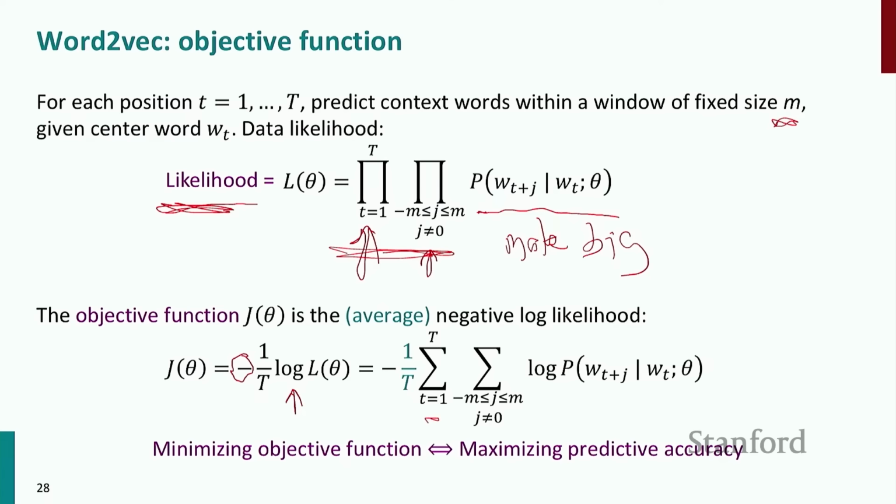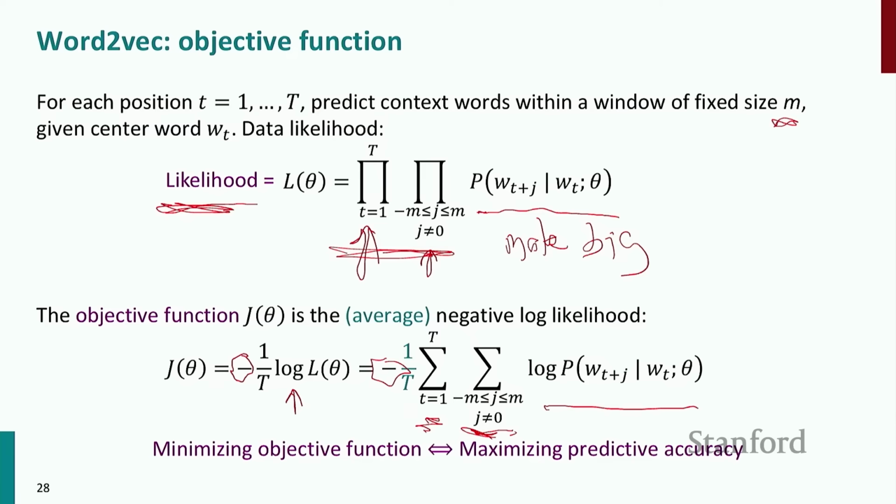And so now we can sum over each word position in the text, sum over each word in the context window, and then sum these log probabilities. We've still got the minus sign in front, so we want to minimize the sum of log probabilities. So what we're doing is then wanting to look at the negative log likelihood.